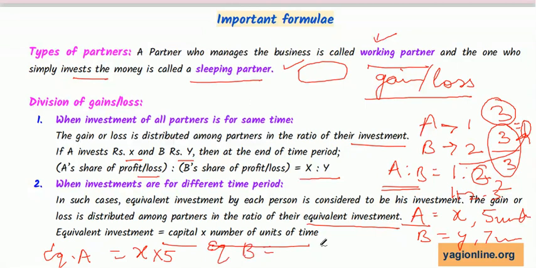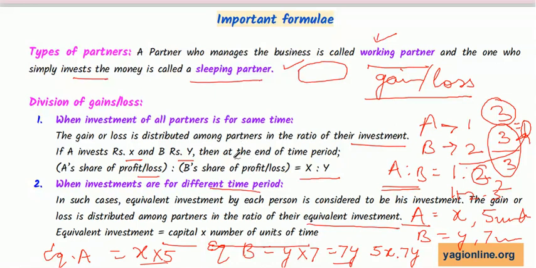That will be equal to, the capital is Y and time is 7, so that is 7Y. Now profit or loss will be distributed among A and B in the ratio of 5X is to 7Y. So this is done when time period is different.